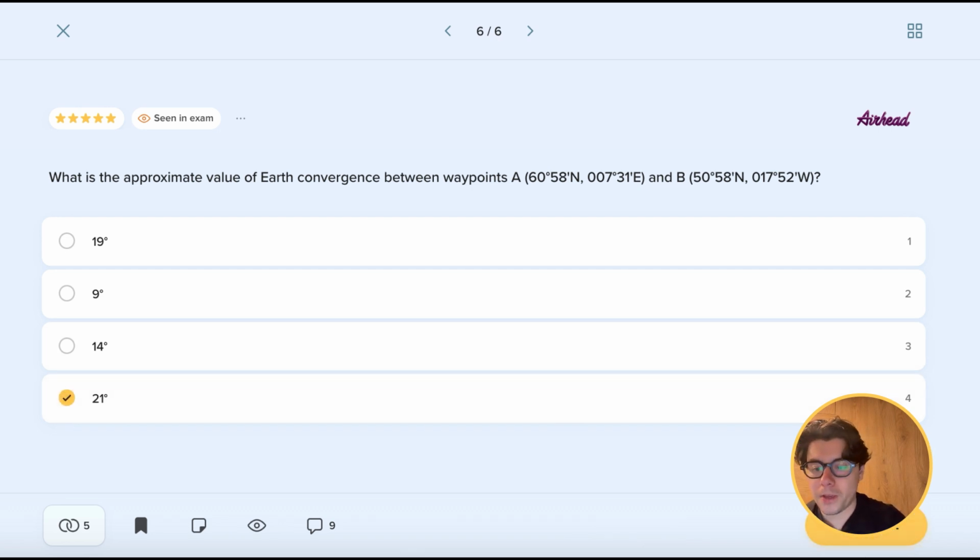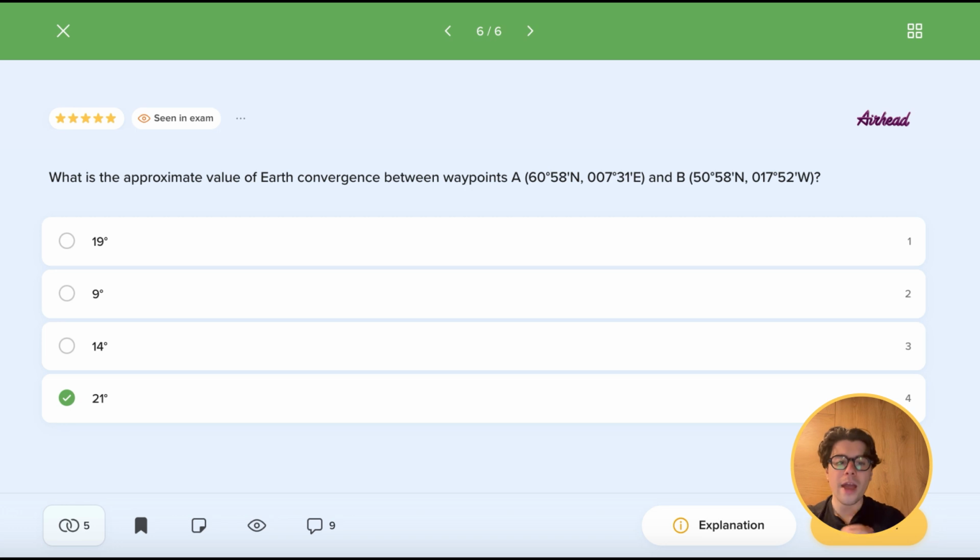And this will be the correct answer here. Exactly the same question as we saw at the beginning of the video. However, here we are not being told that this is a Lambert conformal chart, which essentially means that we need to disregard the standard parallels and simply take the mean between the latitudes.